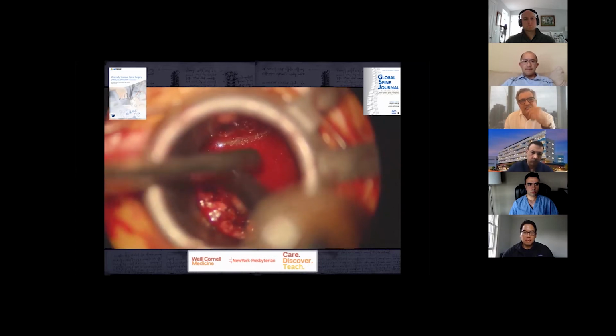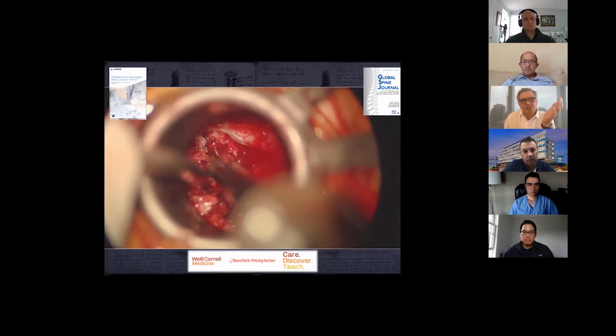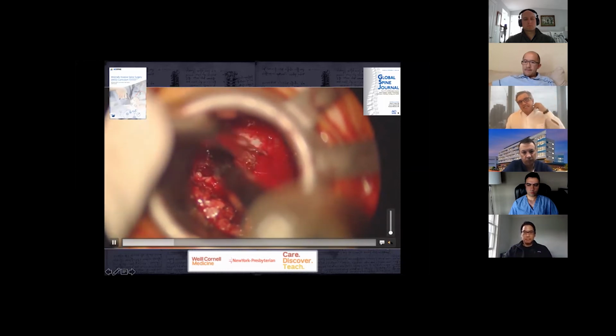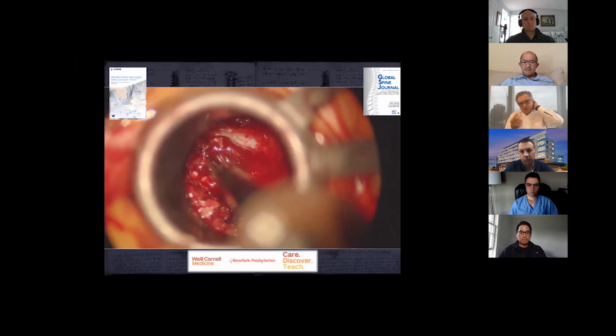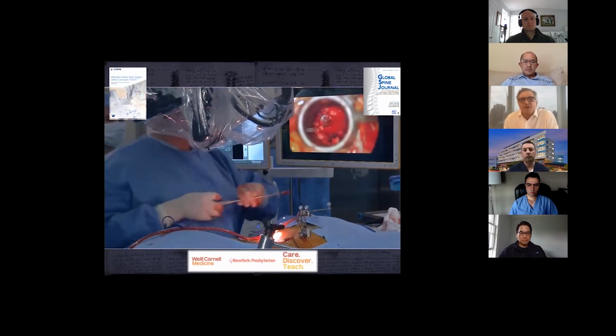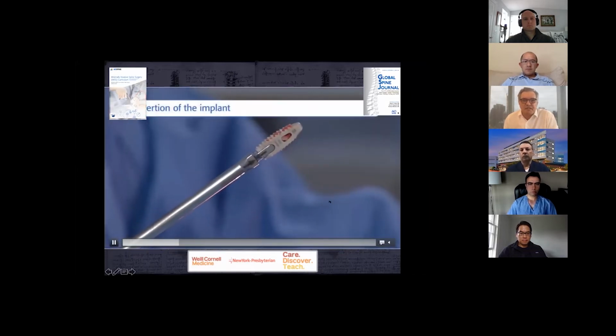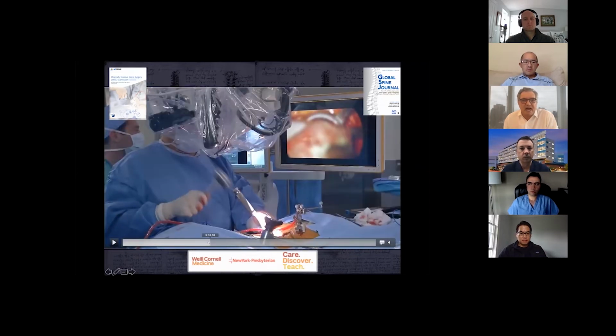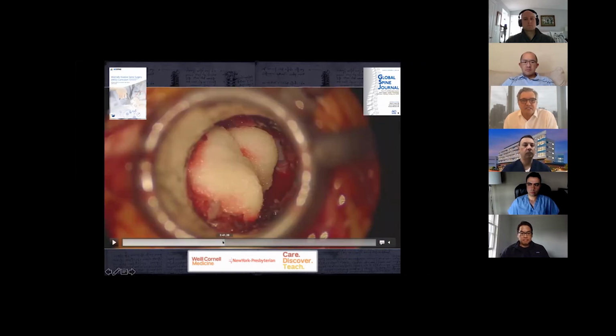I now use an expandable titanium cage because if you work through a small space like here, it's obviously much nicer if you put in a collapsed cage that you can expand and then backfill with bone if you have to. So this was a P cage here that we used, but nowadays we would use an expandable titanium cage.